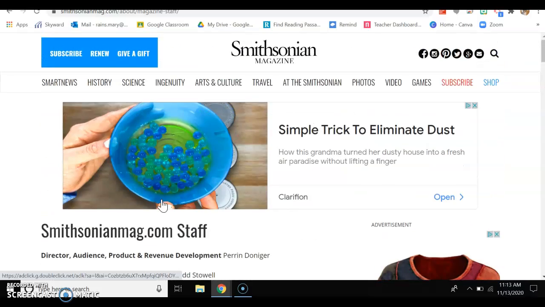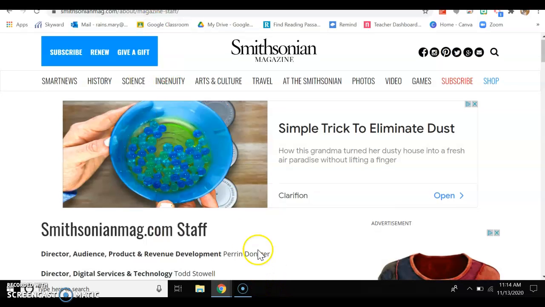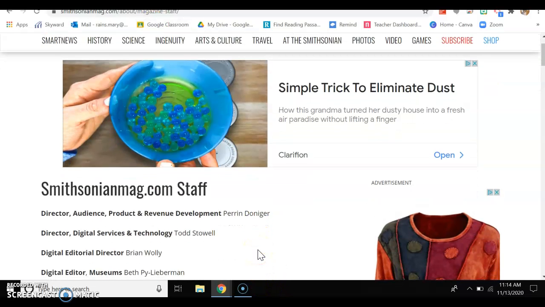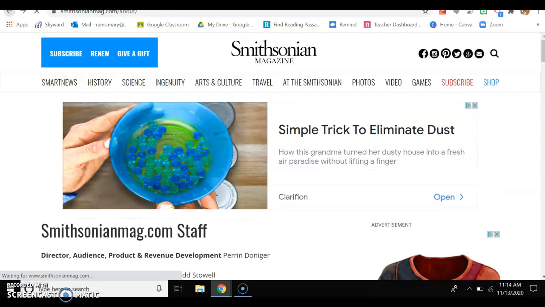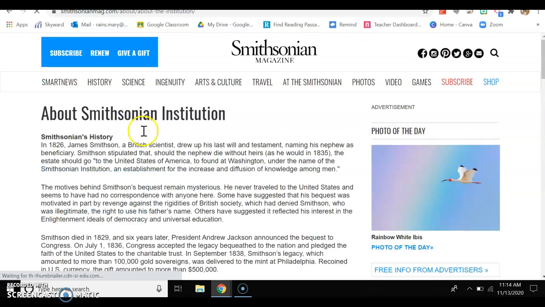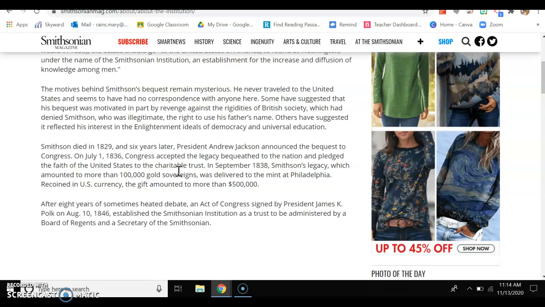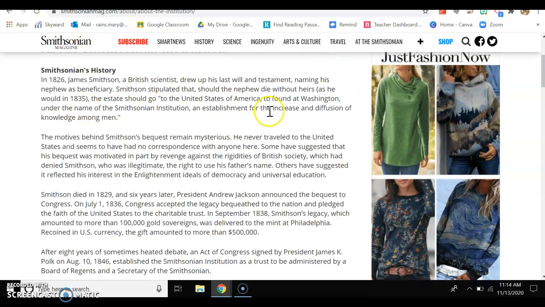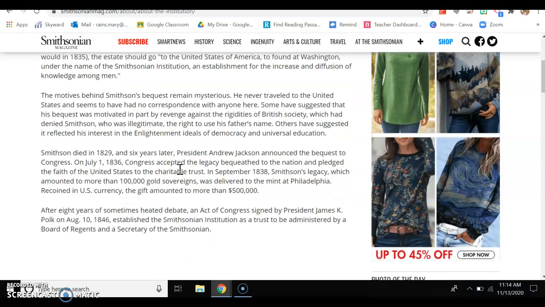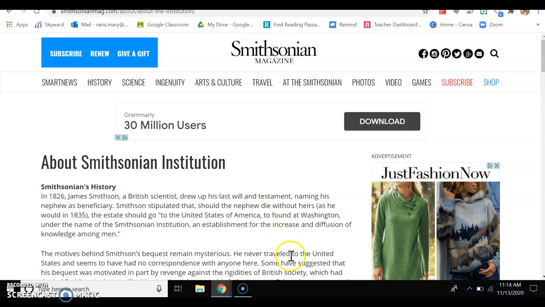Sometimes, though, as you should have known from listening to the Ed Puzzle go over this, the institution itself should be the expert on it. So then I can go to the about page for the Smithsonian Institution. I'm looking at what this institution or this magazine is, a little bit of history on them. They look very credible. They have a lot of good information.